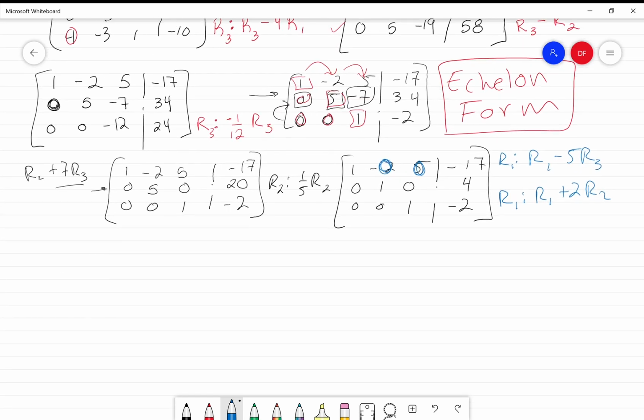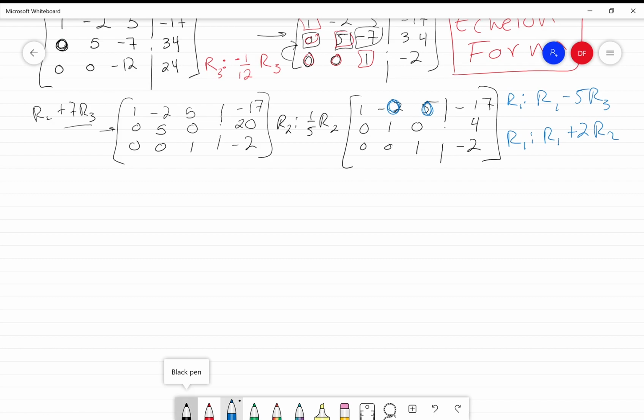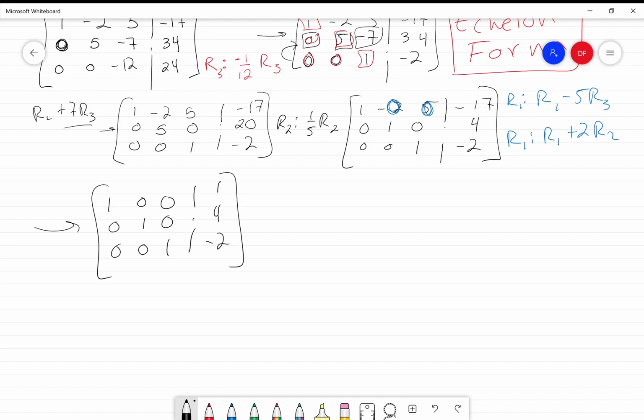Okay? And when we do that, we end up getting 1, 0, 0, 1, 0, 1, 0, 4, 0, 0, 1, negative 2. And this equation is x1 plus 0x2 plus 0x3 equals 1. This is 0x1 plus x2 plus 0x3 equals 4.